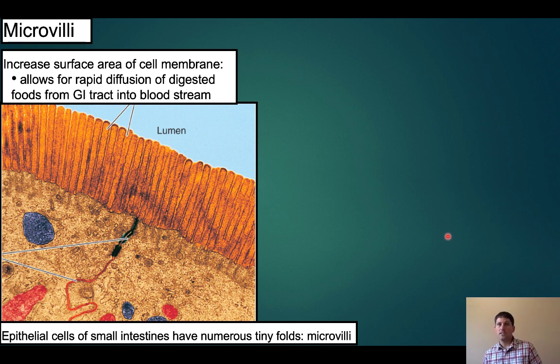So when we see microvilli, we should be thinking, oh, increasing surface area, therefore we're probably trying to absorb things into our bodies. So surface area is a good indicator of functionality. And microvilli we tend to see in our intestines, where we're trying to absorb nutrients into our body.